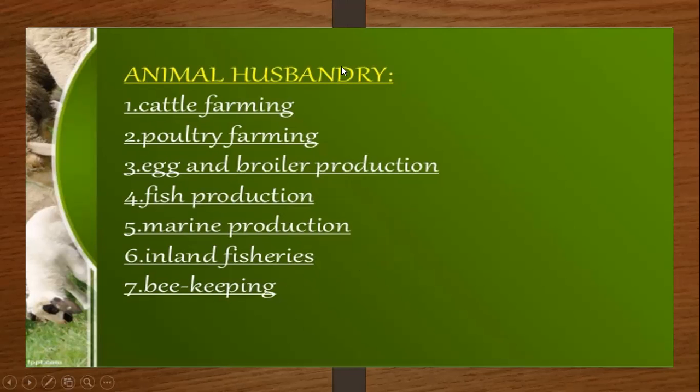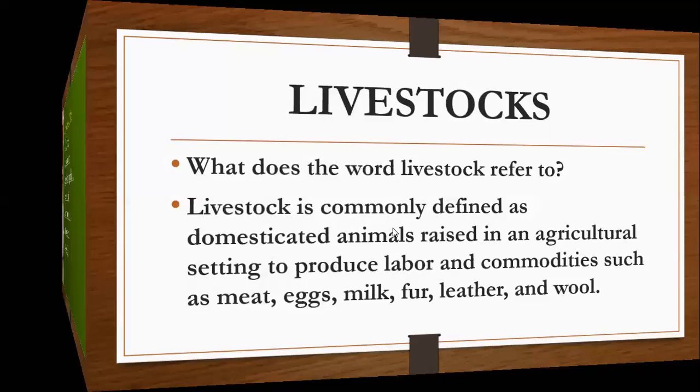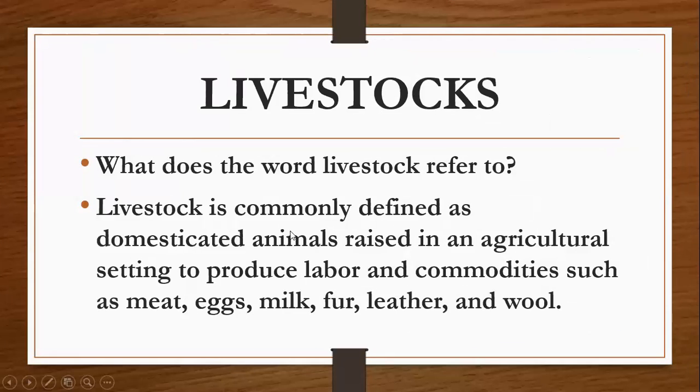We are going to see everything in this lesson. Then, what does livestock mean? Livestock is commonly defined as domesticated animals raised in an agricultural setting to produce labor, and from them we get meat, eggs, milk, and so on. That is livestock. We are going to see it in detail.